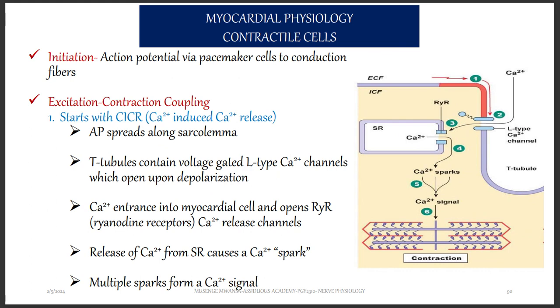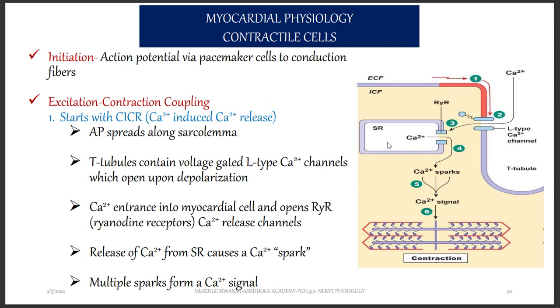The action potential spreads along the sarcolemma, and the T tubules contain voltage-gated L-type channels, because these L-type channels can sense voltage coming via an action potential. They open when depolarization reaches them. When they open, calcium is allowed to enter the cell, and when it enters, it opens the ryanodine receptors. Ryanodine receptors are found on the sarcoplasmic reticulum.